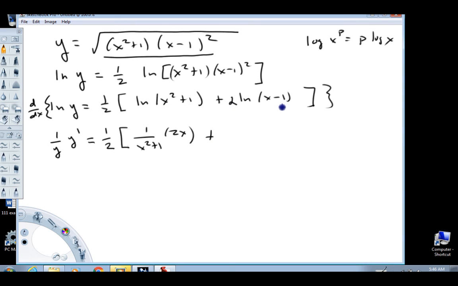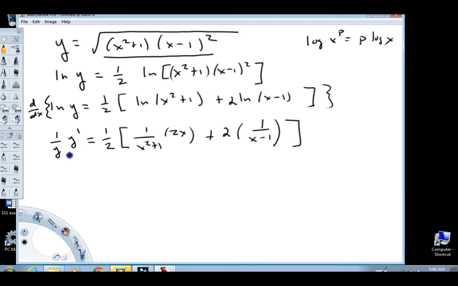Moving over to the next term, 2 times, right here we have an ln of x minus 1. When we differentiate that function, we're going to get 1 over x minus 1. Again, to chain rule, times the derivative of the inside function, but that's 1. And that thing is done and now differentiated.